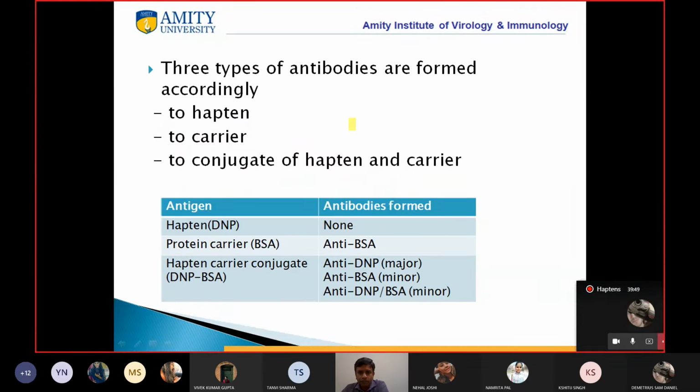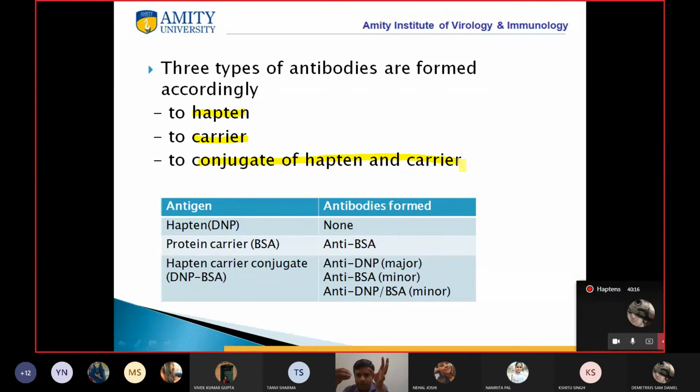So now three types of antibodies are formed accordingly. You can find antibodies against the hapten, antibodies against the carrier protein, and antibodies against the conjugate of hapten and carrier protein. Clear?